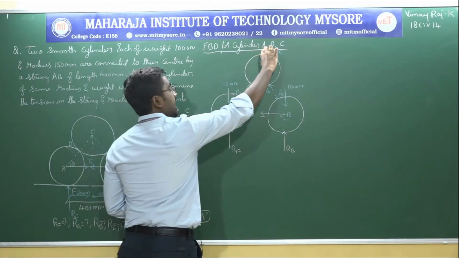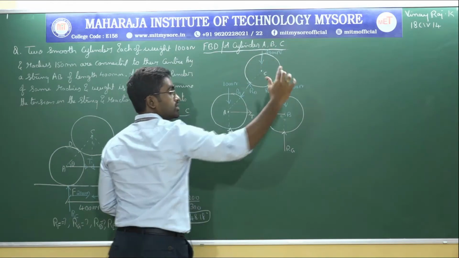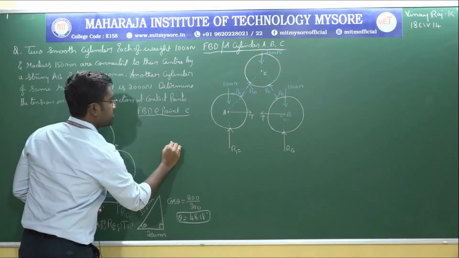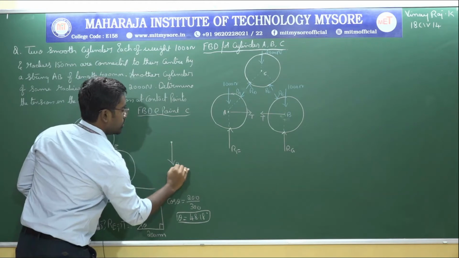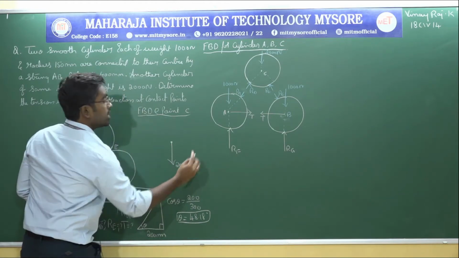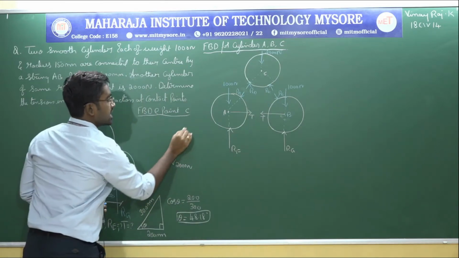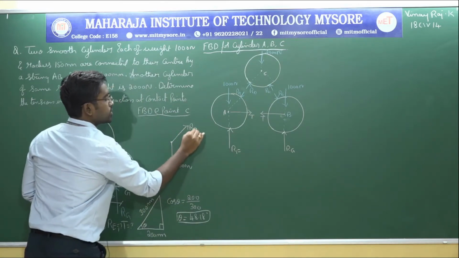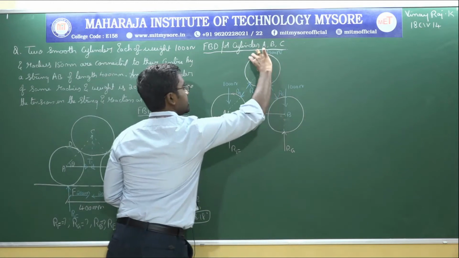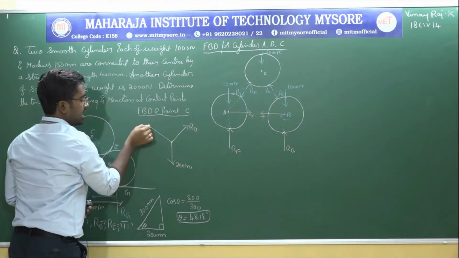So I can write this self weight here by using the principles I have told many times. So this is 2000 Newton. So I can write this reaction here. So that is RD. So I can write this reaction here. So and that will be RE.